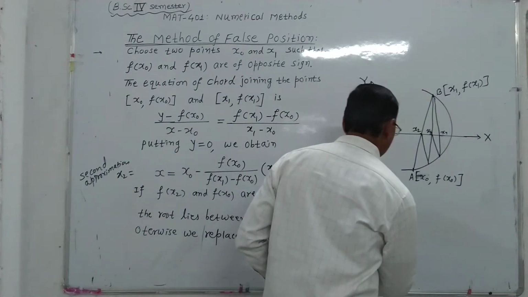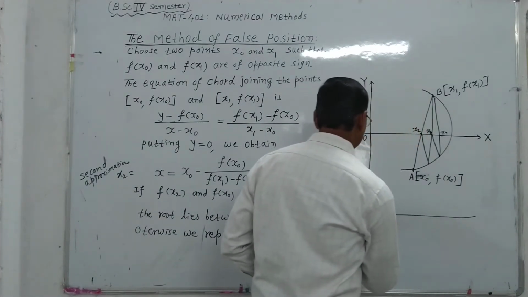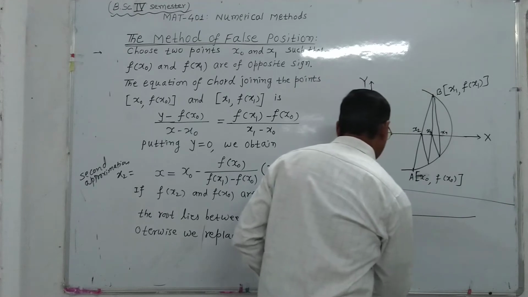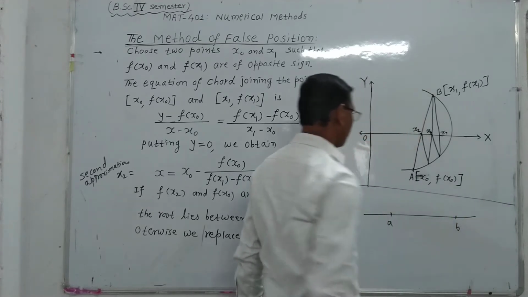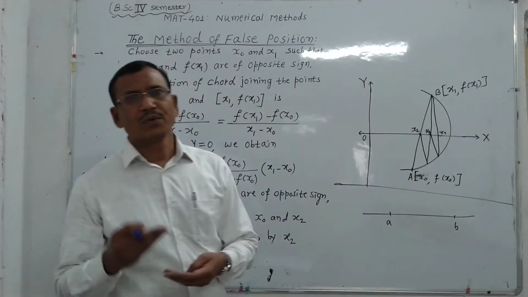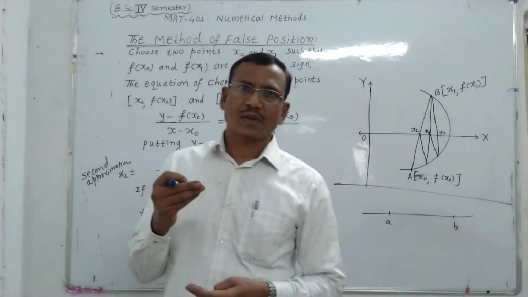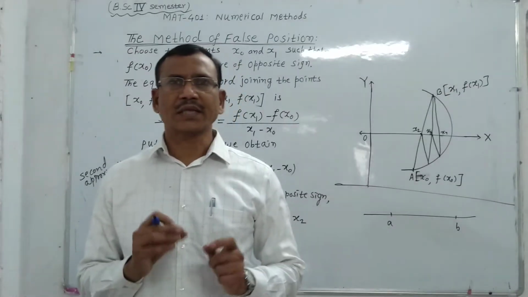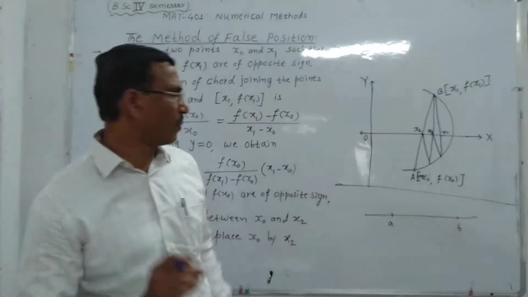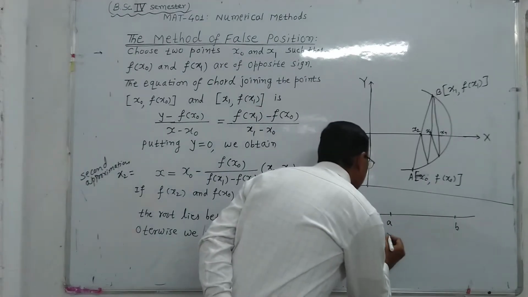Suppose this is point A, this is point B. That means we shall assume the values A and B such that f of A and f of B have opposite signs.